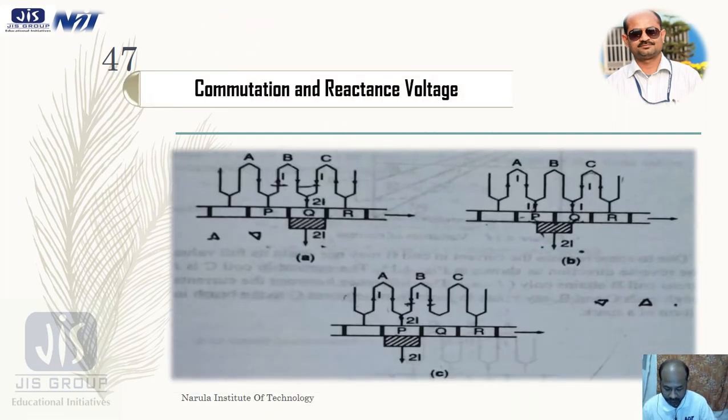So what is commutation? Commutation is the process or the changes that take place in the winding during the period of short circuit by a brush.